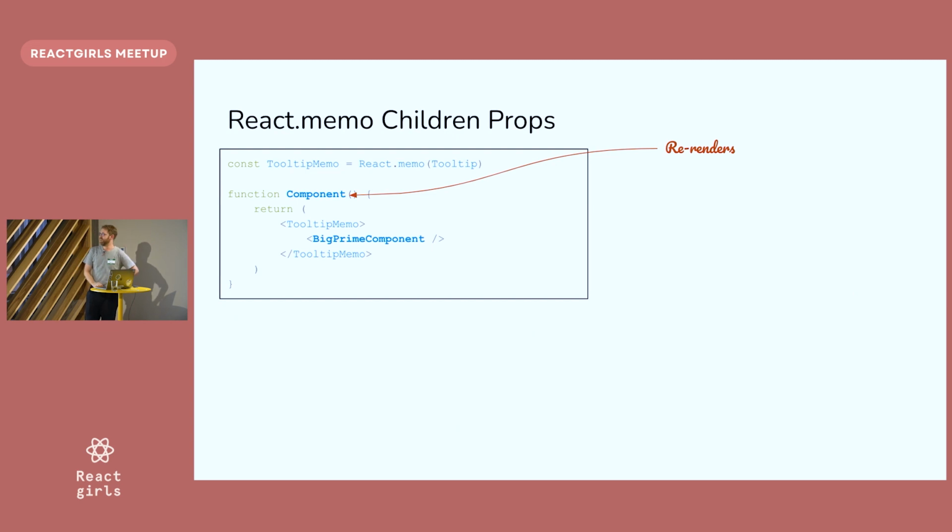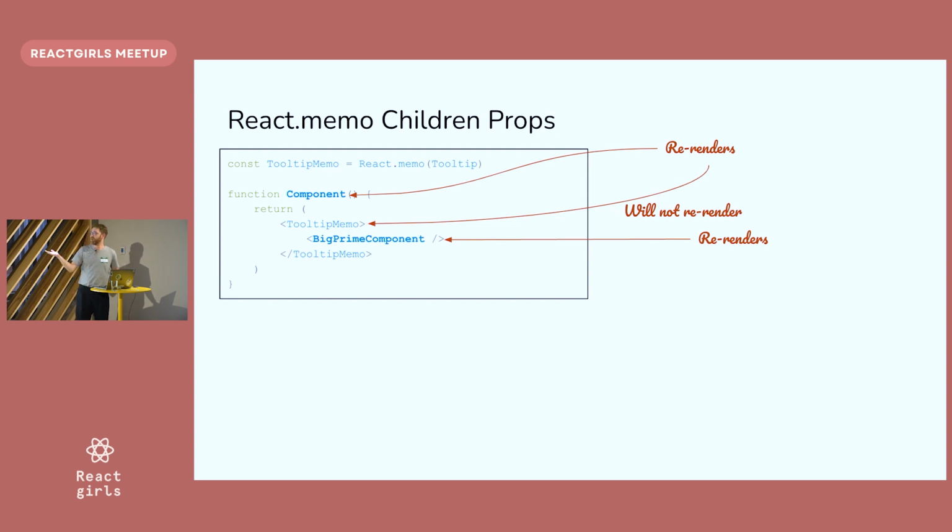Maybe we should go step by step from what we know. The tooltip is a memo, so it should not re-render, right? The value is already there, so it's fine. It will not re-render. However, the big prime component will re-render. It's not a memo, so its parent re-rendered, and it will render itself as well.